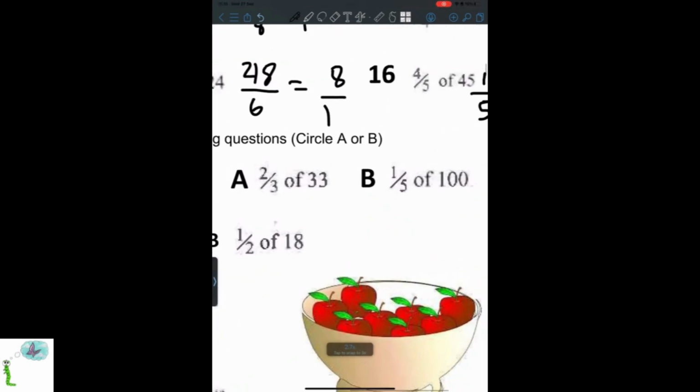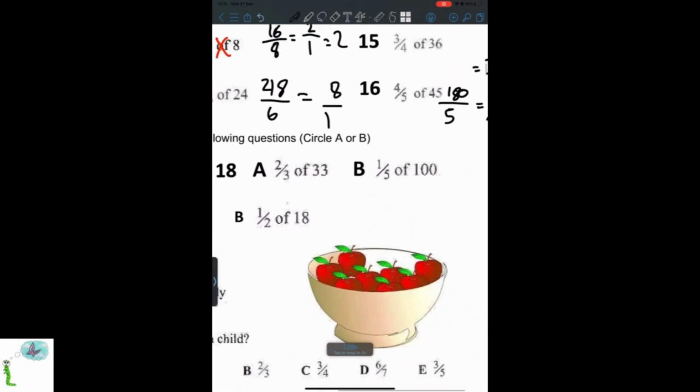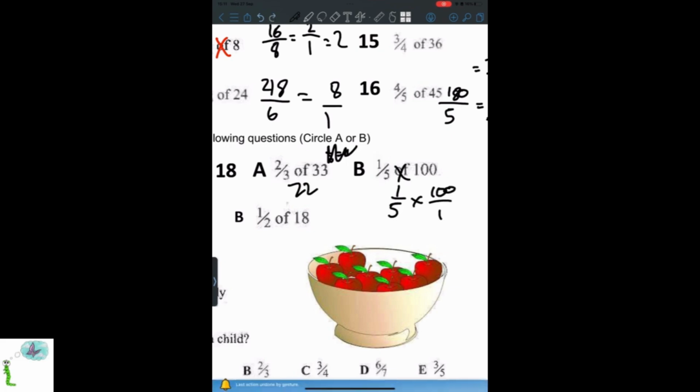Right here. Most people will be able to see this already. What goes into 33 3 times? 11. So that means 1 over 3 is 11. So what's 2 over 3? It's going to be 22. Right? 1 over 5. I'll do it this way. 100 over 1, because of just means times if there's a fraction here.